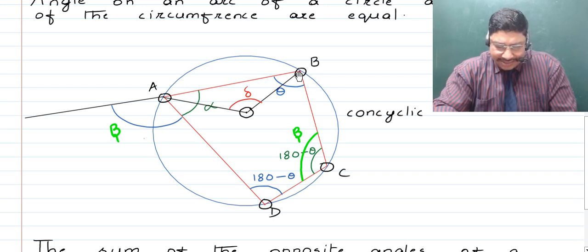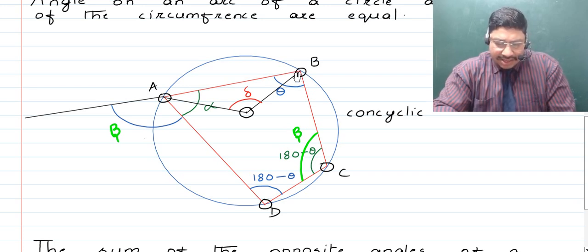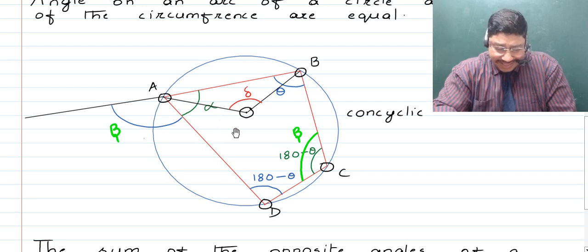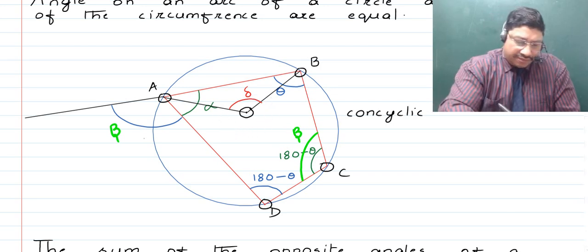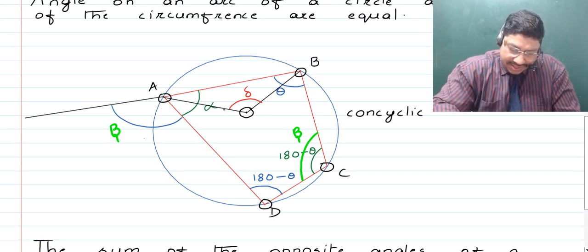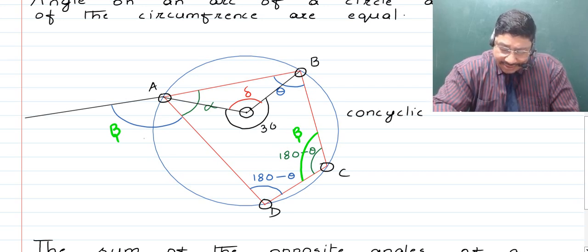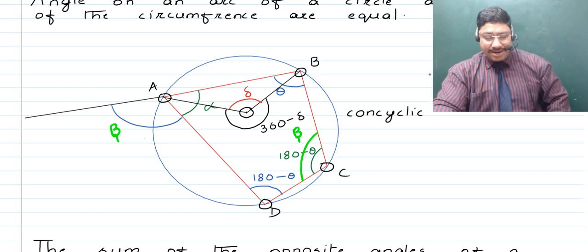And if you talk about the other angle which is getting formed on the AB segment, the reflex angle, such that the sum of both of these angles is 360, that is angle about a point, this angle is going to become equal to 360 minus delta, right?